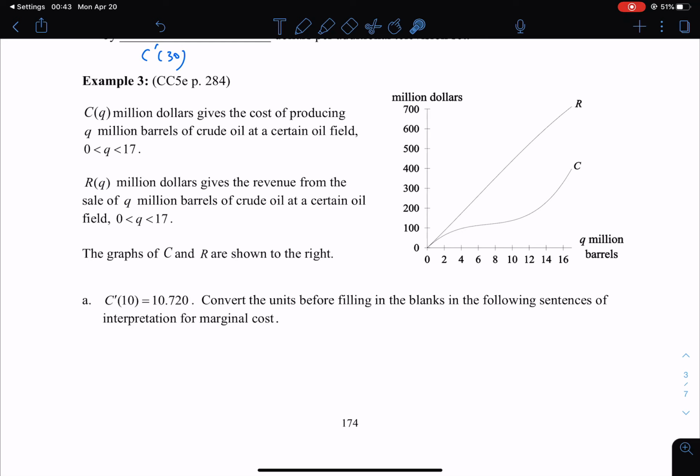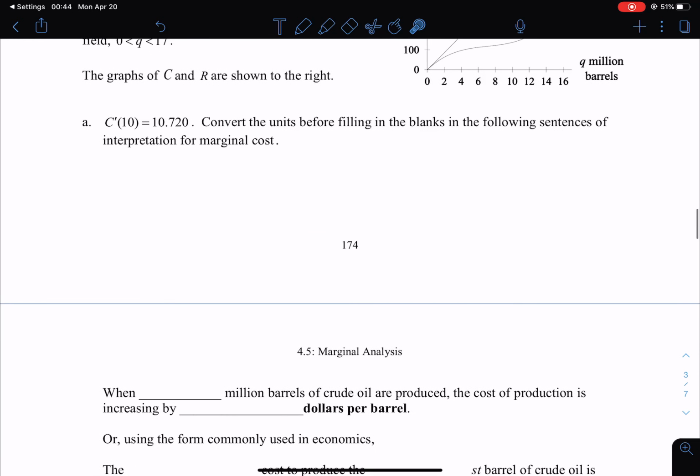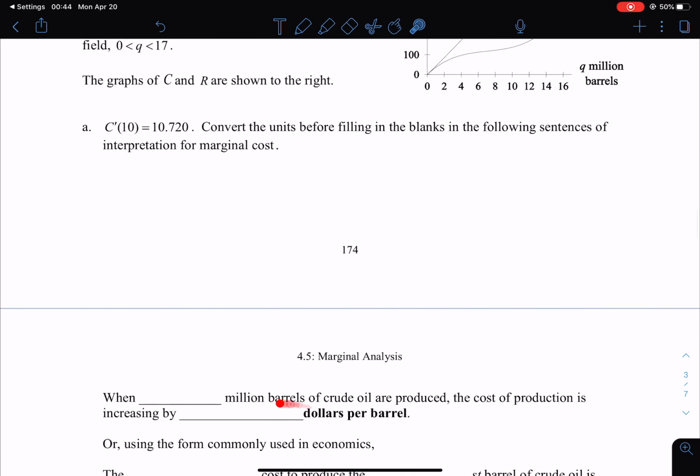And the input variable is Q. Input unit is made in barrels. And the domain is from 0 to 17. So the unit for the 10 here should be made in barrels. And this one is made in barrels, so you don't have to make any change for the 10. So we just use 10 because they share the same unit. Both of them are made in barrels.